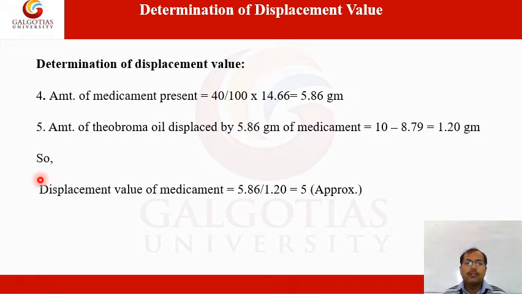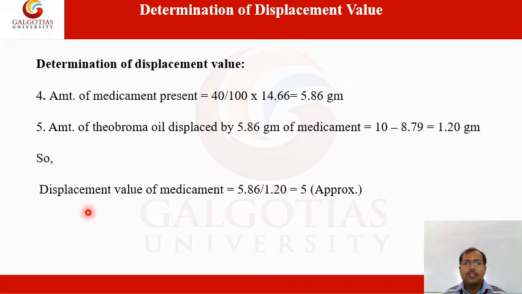So the displacement value of medicament is equal to 5.86, that is the amount of medicament present, divided by the amount of theobromine displaced by 5.86 gram of medicament, and the amount is 1.20.